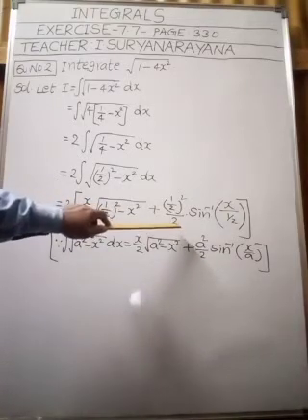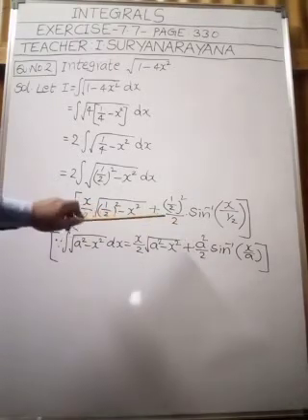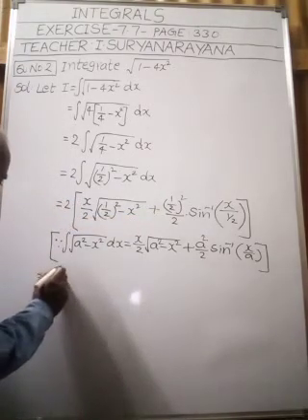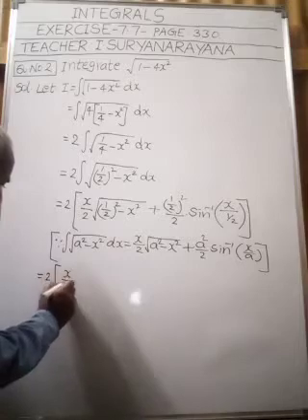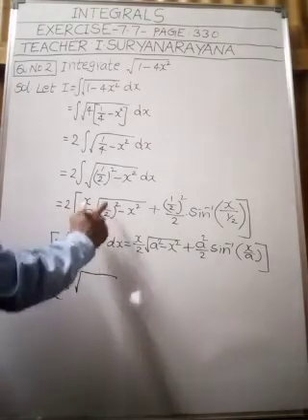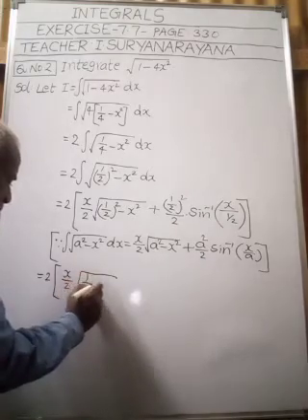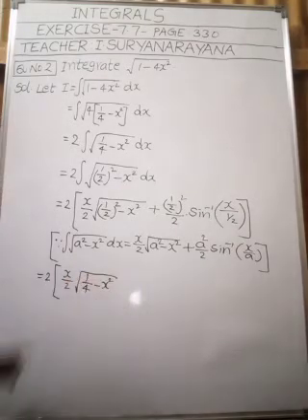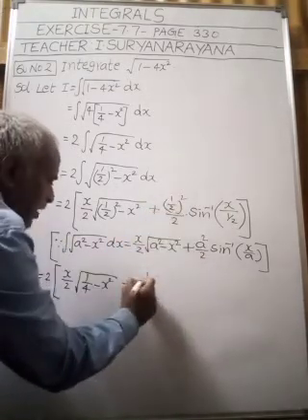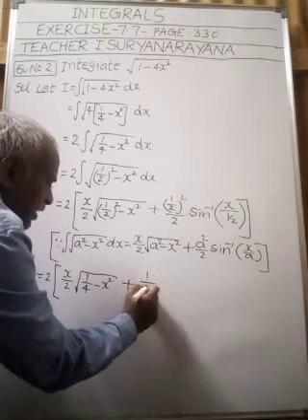So the integration part is over. Now we have to simplify the terms. Okay, my children, that is equal to 2 into x by 2 square root of 1 by 4 minus x square. We are simplifying the terms. Plus, what do you get, 1 by 4 by 2. What do you get? 1 by 8.